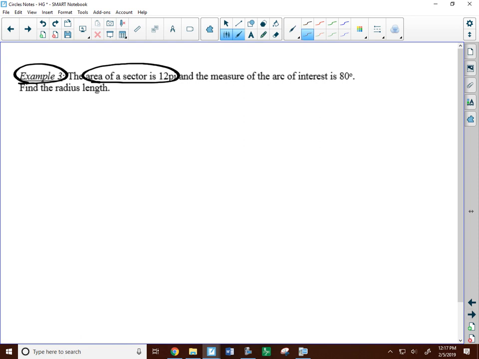Okay, so I'm going to write down the formula. I'm going to put A sub S being area of a sector. You could write out area or just A or whatever you want. What is it? Measure of the arc over 360 times pi r squared.